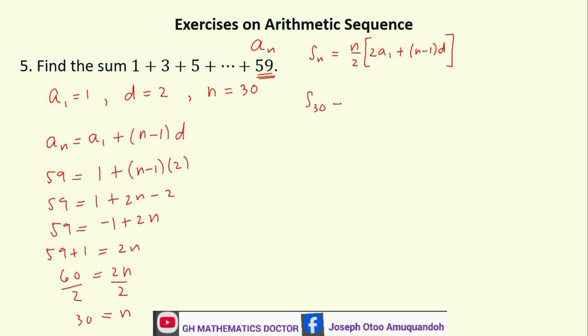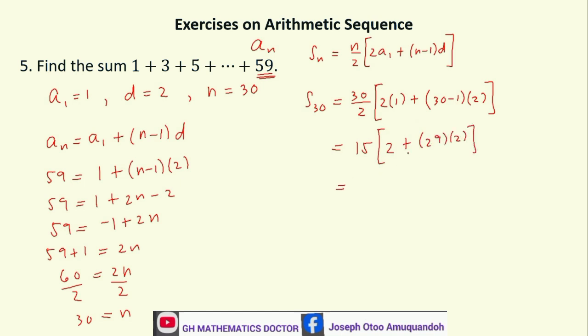So you continue from there. Make the right substitution as we have the values being recorded. Then you simplify accordingly with the help of a calculator.